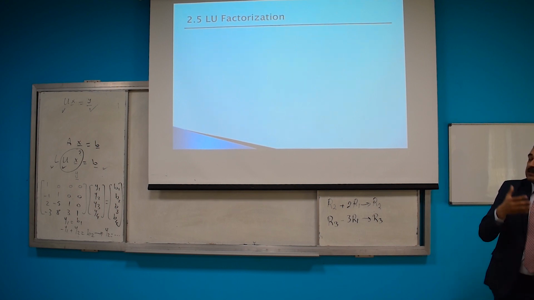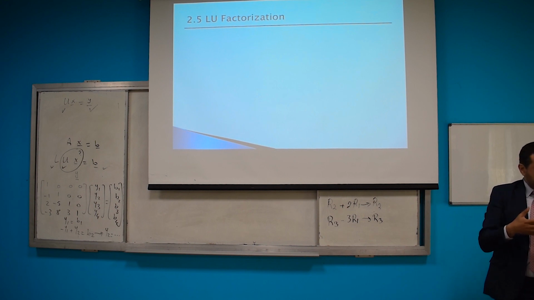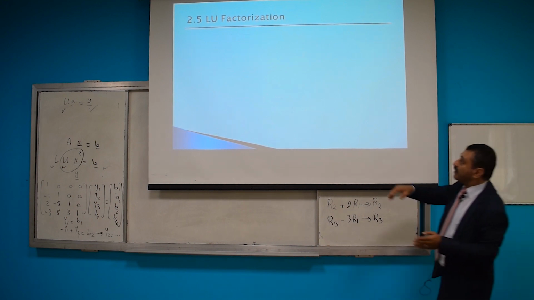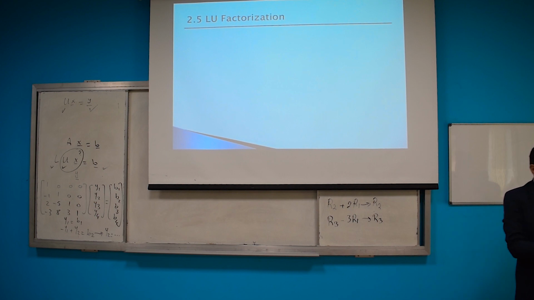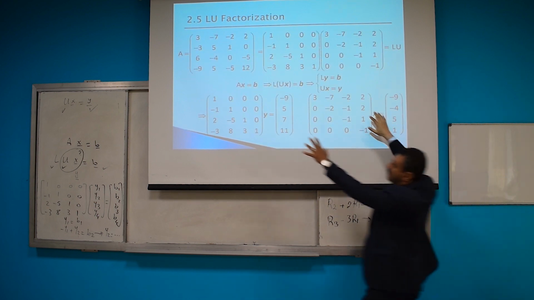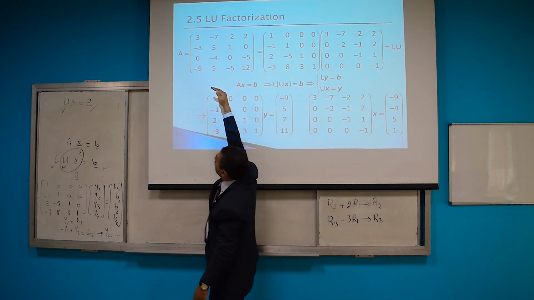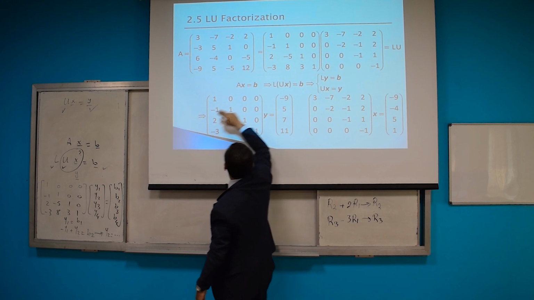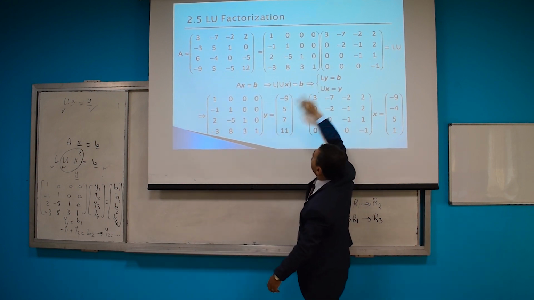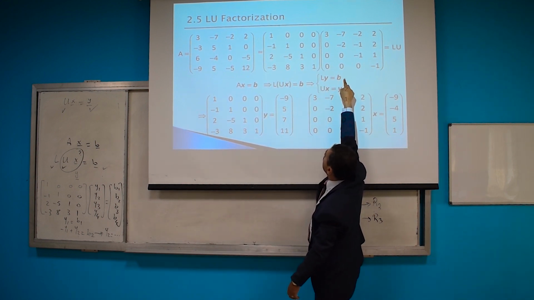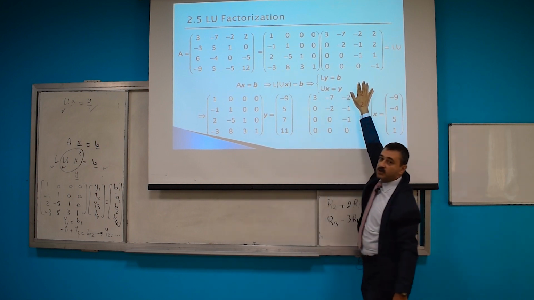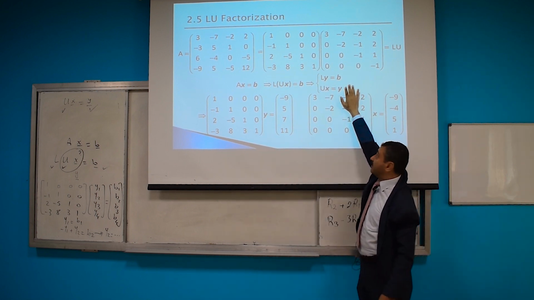So suppose that I did some row operation on A until I reached this matrix U. I did some operation on A, take 3 as pivot and eliminate negative 3, 6, and negative 9 to reach this column, and then take the second pivot and do elimination and so on. So I did some operations until I reached this.